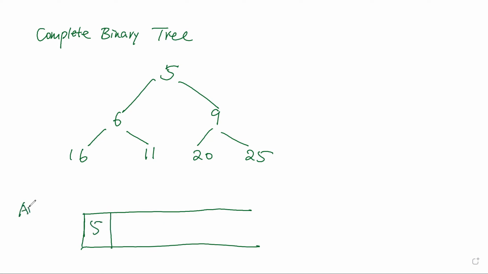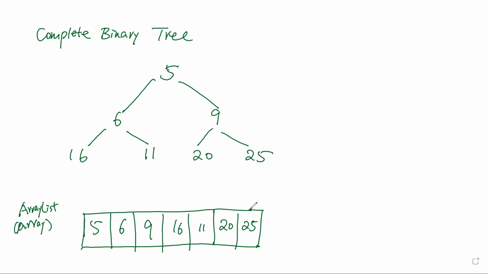Suppose this is an array list in Java, or just an array. So we have 5, 6, 9, 16, 11, 20, 25. I will also write down the indexes: sub 0, sub 1, sub 2, sub 3, sub 4, sub 5, and sub 6.